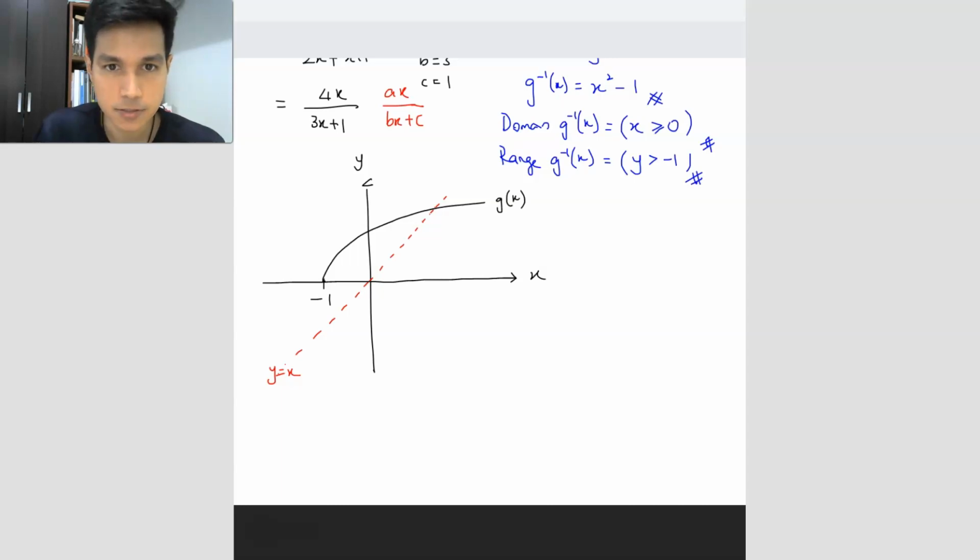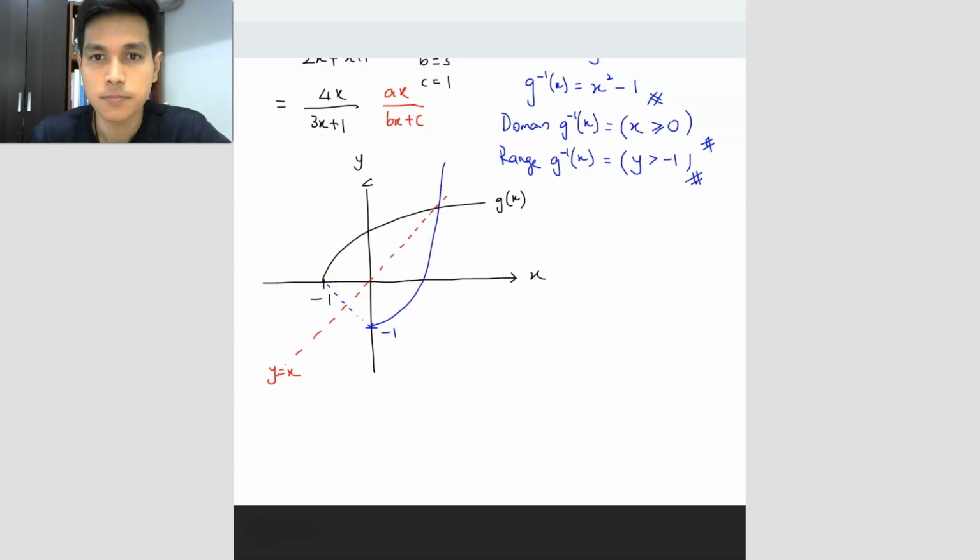We reflect this upon the y equals x line. So here is -1, and then it's going to go something like this. Okay, so it looks like a reflection. Clear? So this will be your g inverse.